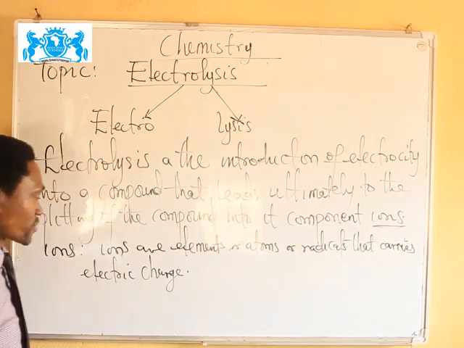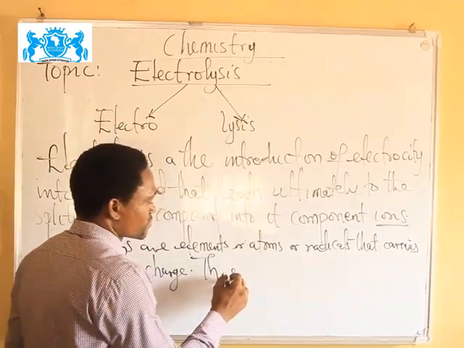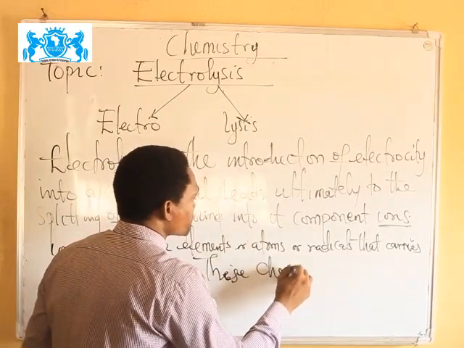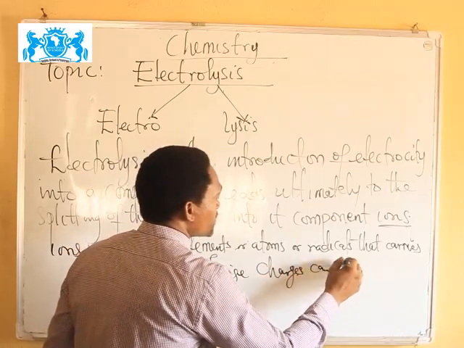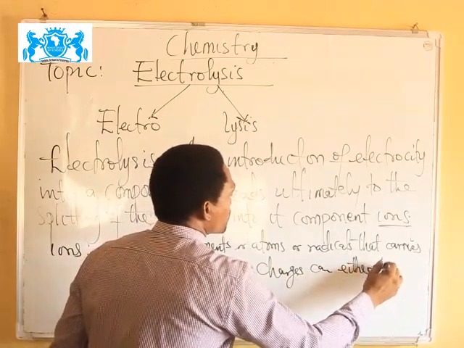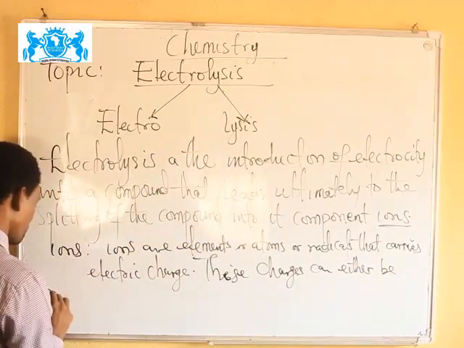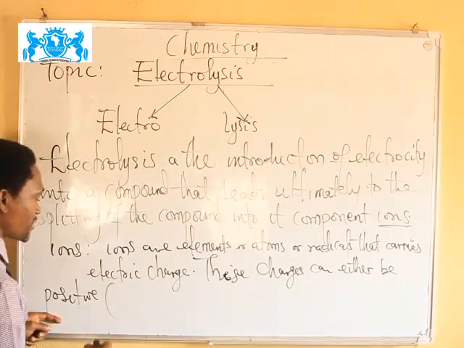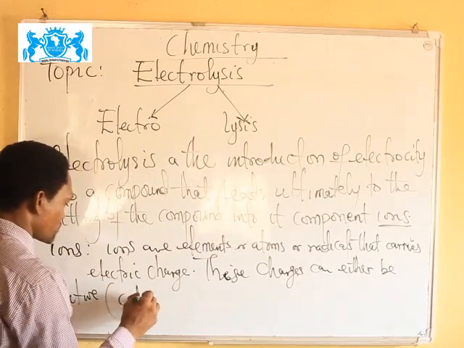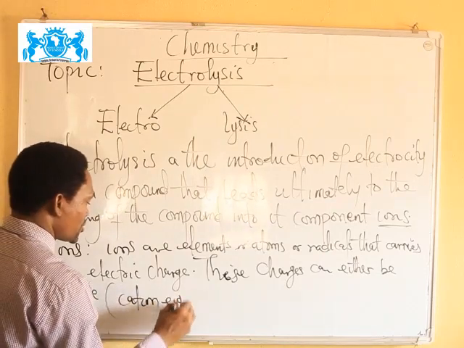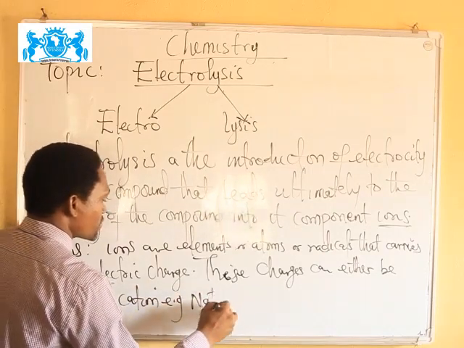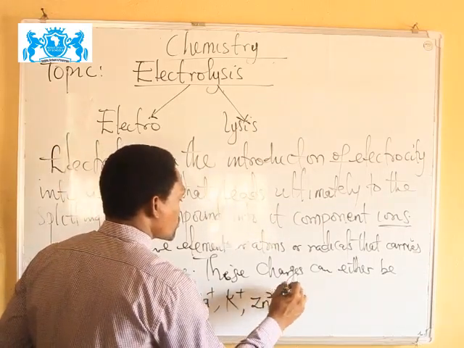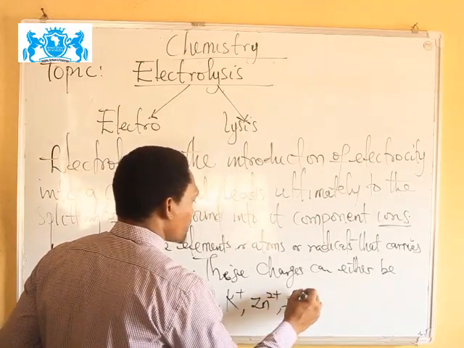This charge can either be positive or negative. If they are positive, the ion is called a cation, e.g. sodium ion, potassium ion, zinc 2+ ion, aluminium ion.